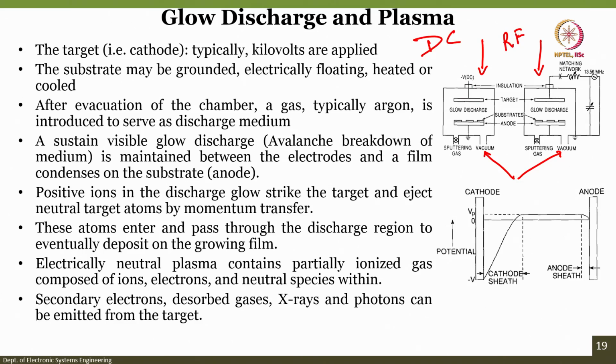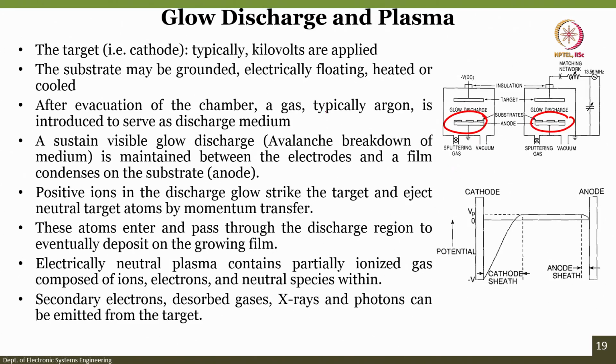These 2 images that you see are of both DC and RF sputtering, and in RF sputtering you require a matching network as well. The 13.56 megahertz is the RF frequency. Then you have a target, you have a substrate. You see here the substrates are placed in this fashion.